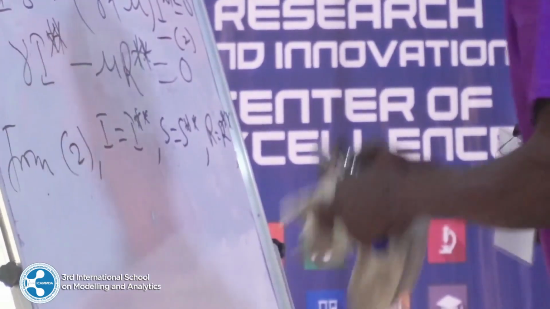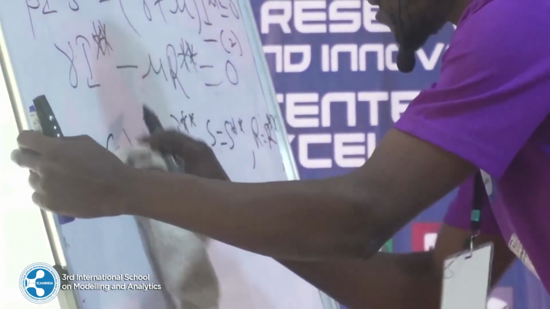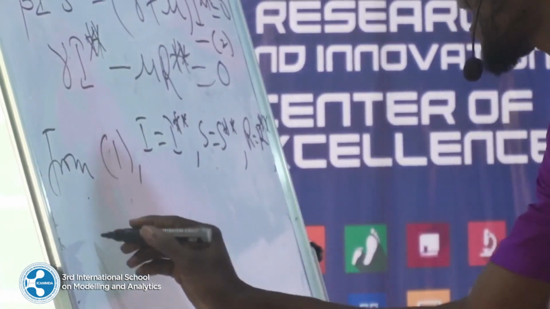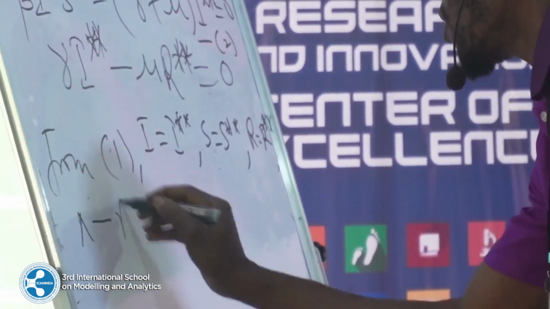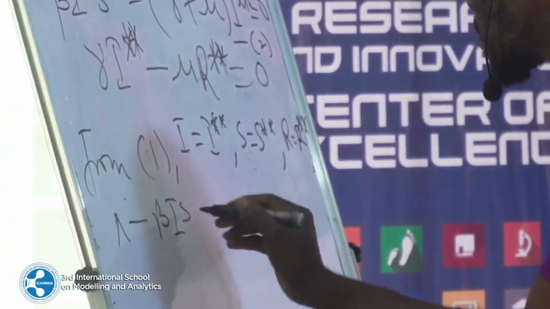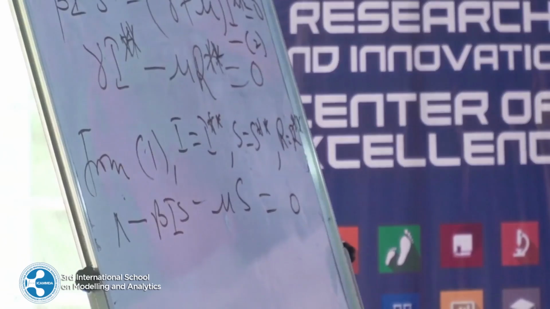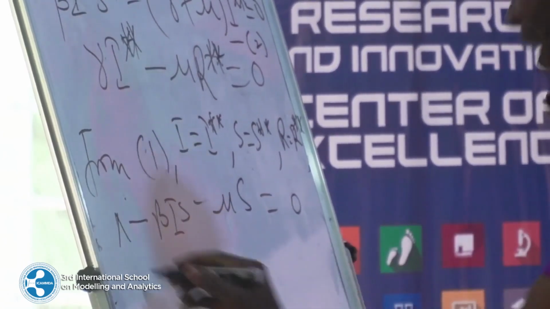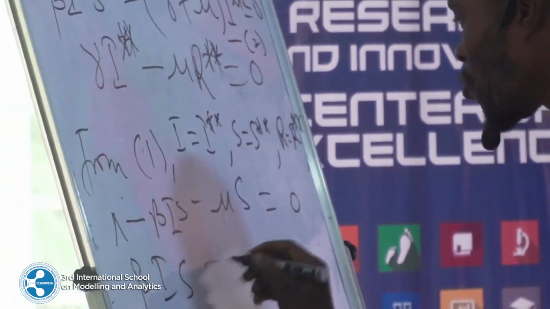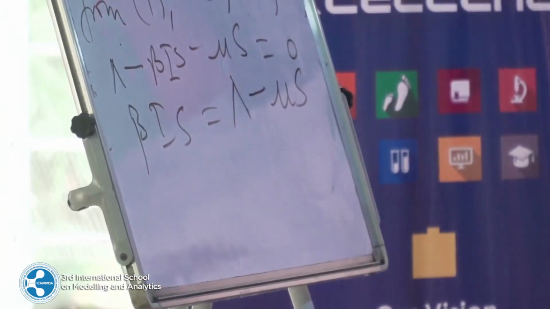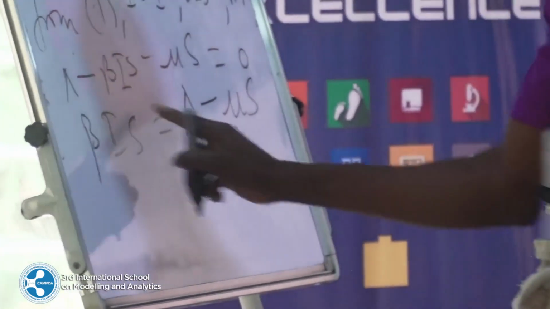So from the first equation of that equilibrium system, I can have lambda minus beta S I minus mu S equals 0. I've known my S. I'm interested in this. I can have beta I to be equal to lambda minus mu S, right? So from here, I know what S is.